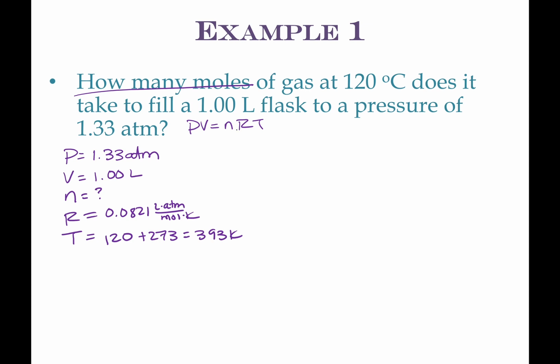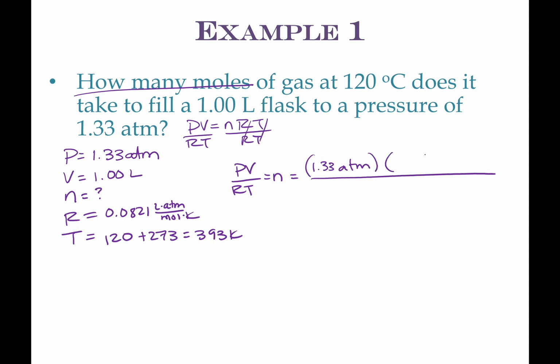So we're going to solve this for n, so we divide both sides by RT, and we get PV divided by RT equals n. Pressure is 1.33 atmospheres. Volume is 1.00 liters.